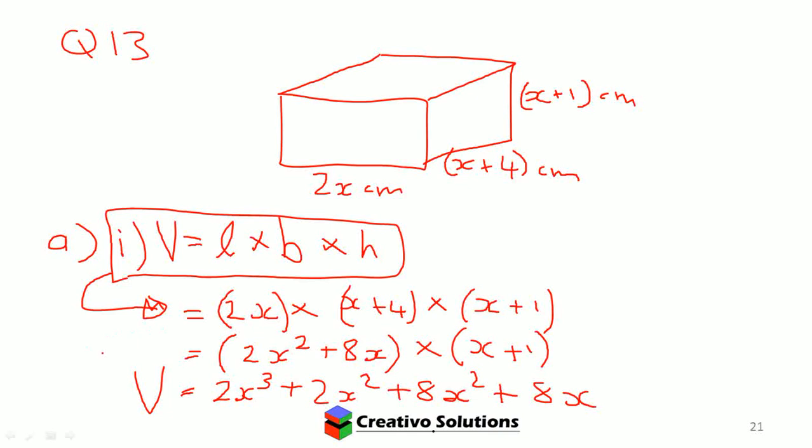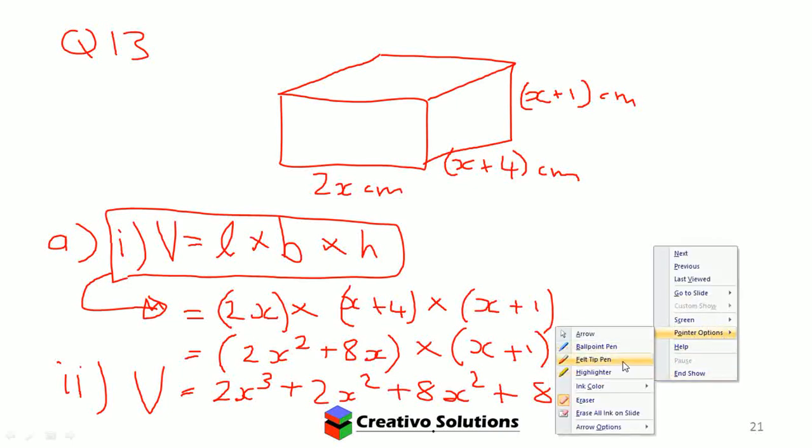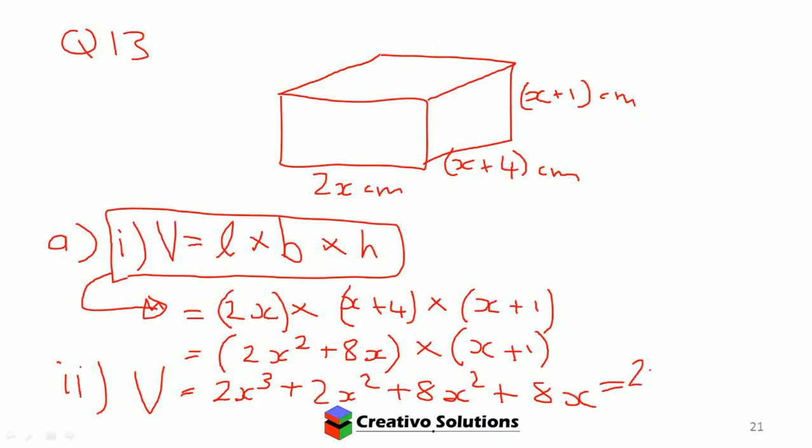Then I'm looking at 1, 2, which would be this answer for expanding and simplifying the answer. So I've obviously multiplied out and I've simplified. I can go one step further because I can group those x squareds together. So I'm going to be landing up with 2x to the cubed, plus 2x squared plus 8x squared, which is 10x squared.